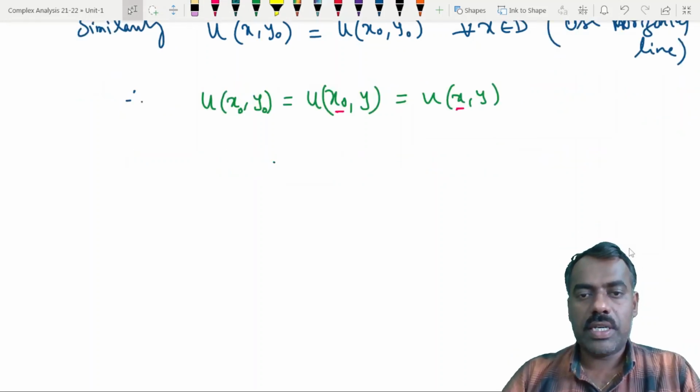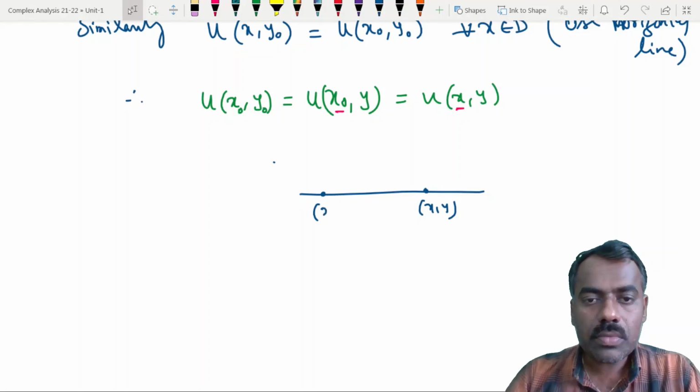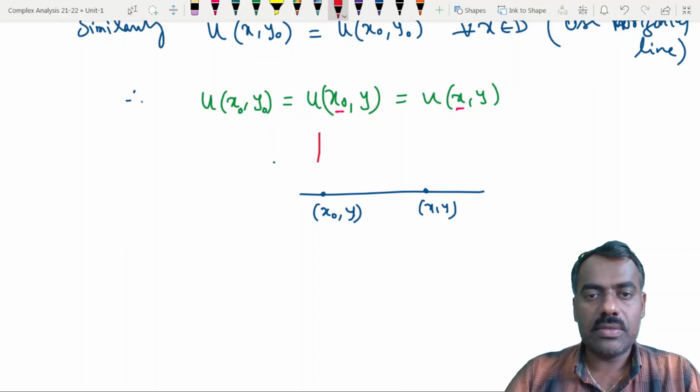So if we take this (x, y), and here is any (x₀, y), where y is fixed, and after that you take another line, which is (x₀, y) and (x₀, y₀).